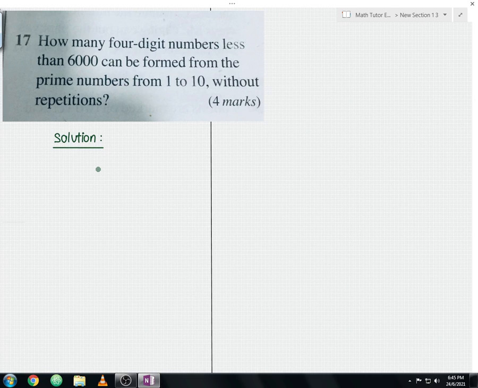Okay, in order to solve this question, the first step on what we need to do is we need to identify the prime numbers from 1 to 10 itself. Okay, for that we need to know the meaning behind the prime numbers. Okay, prime numbers are the numbers which can only be divided by itself and 1. Okay, so let us write the working over here.